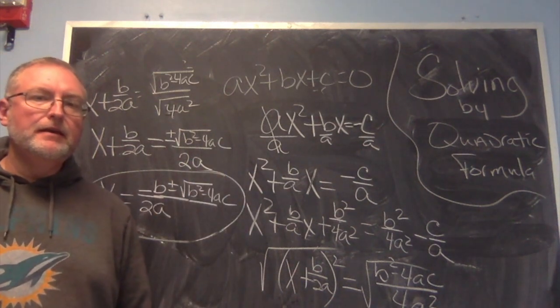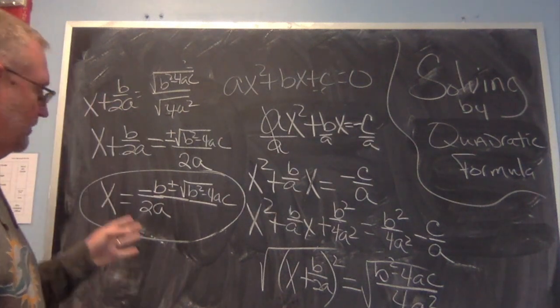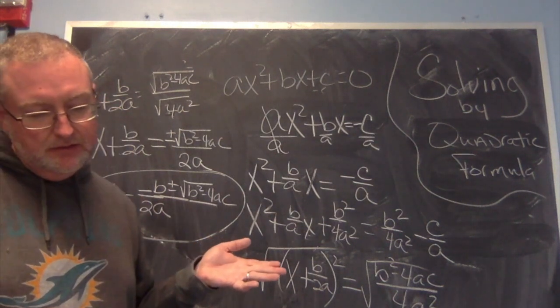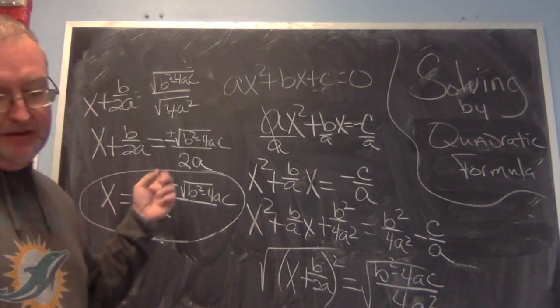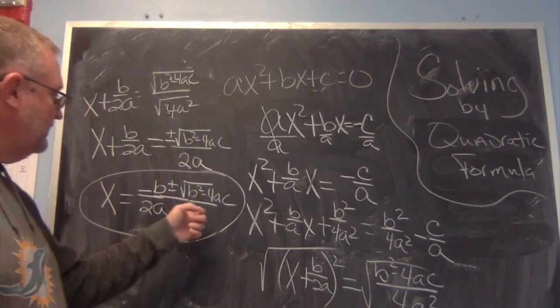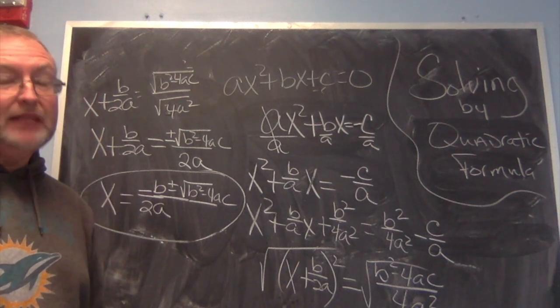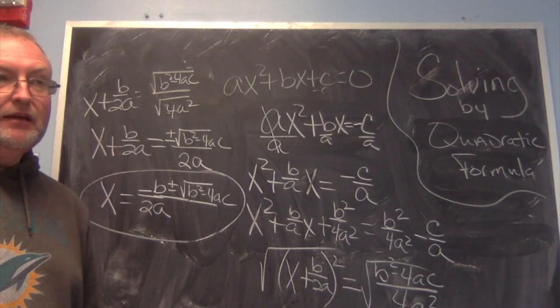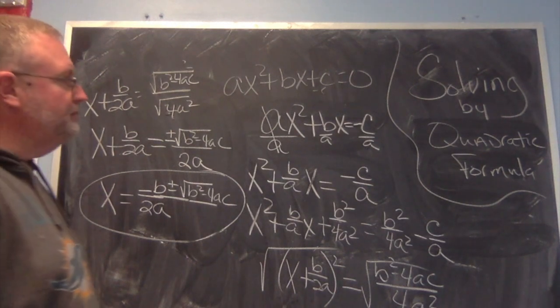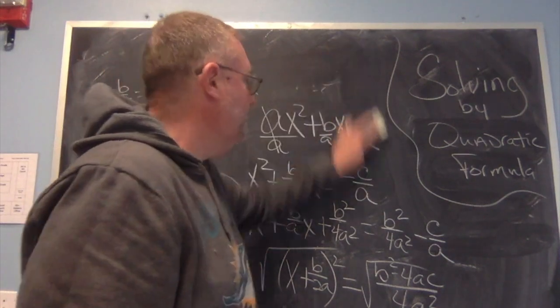This is known as the quadratic formula, which is x equals negative b, positive negative, square root of b squared minus 4ac over 2a.